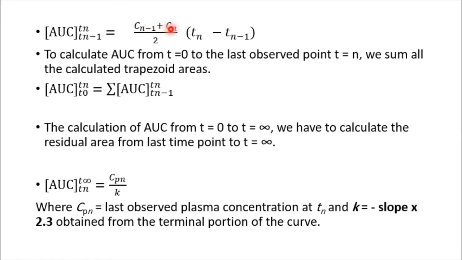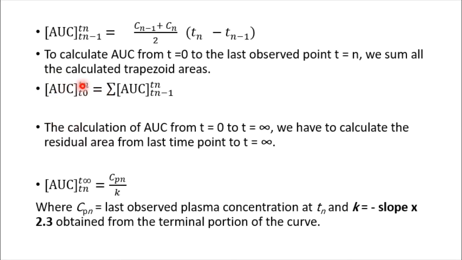These values represent the 2 lines that compose the trapezoid, multiplied by the height, which is the time difference between these two concentrations. And then summation of all of these trapezoids will give us the total area under the curve from time 0 to the time of the last seen point.